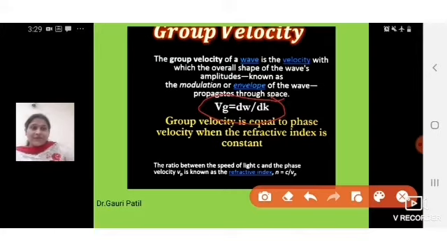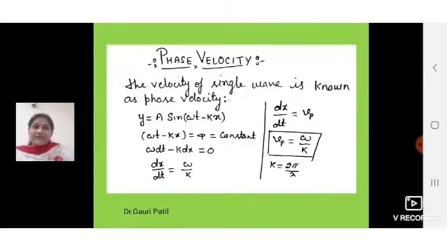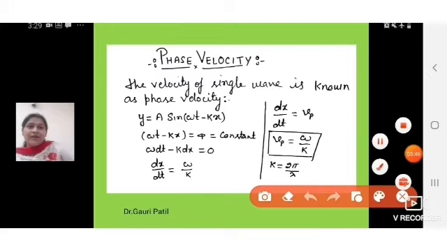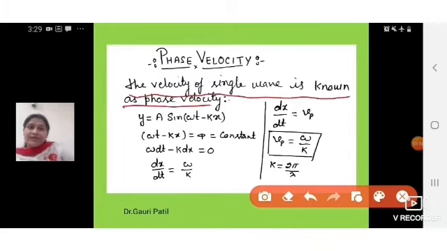So dear students, now once again I will define phase velocity in very simple language. We will revise it again. The velocity of a single wave is known as the phase velocity.